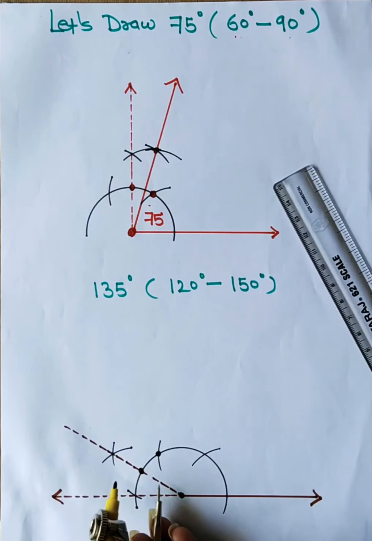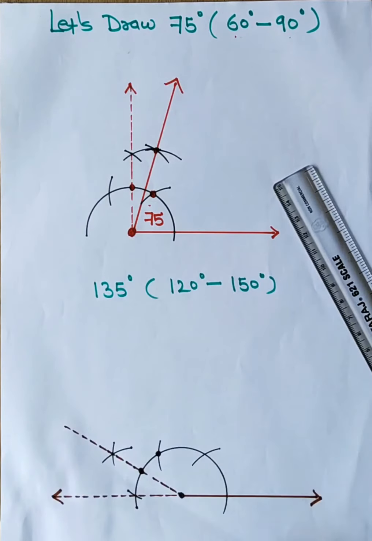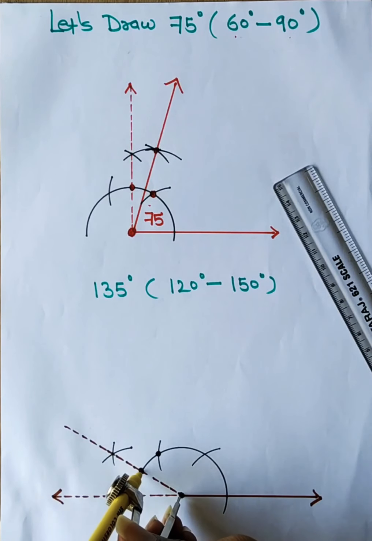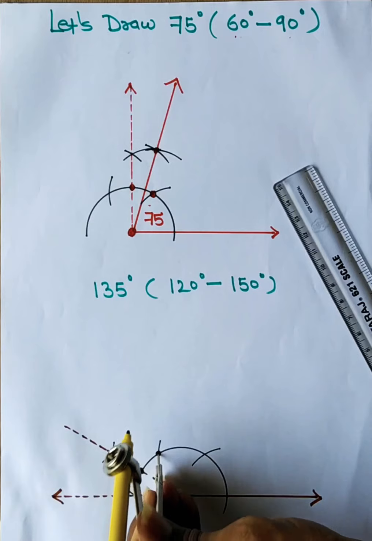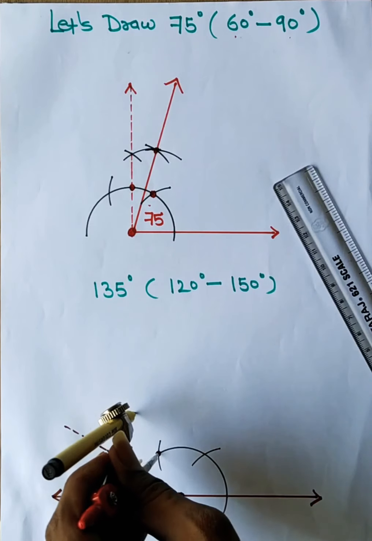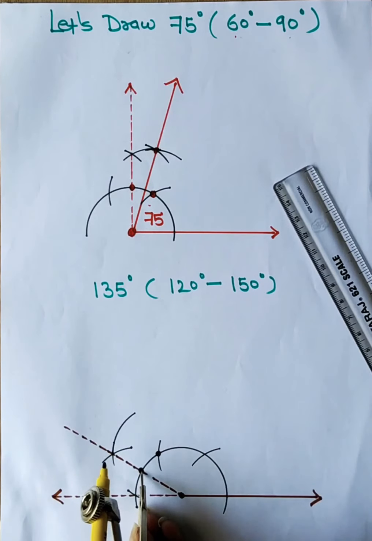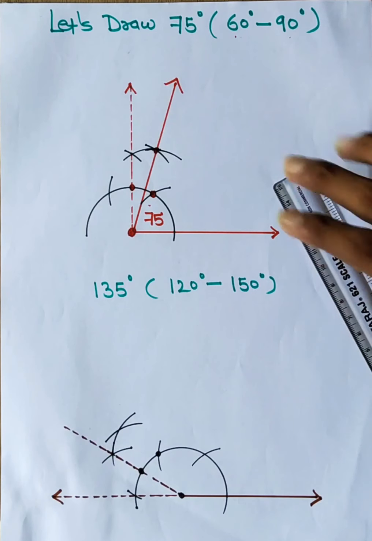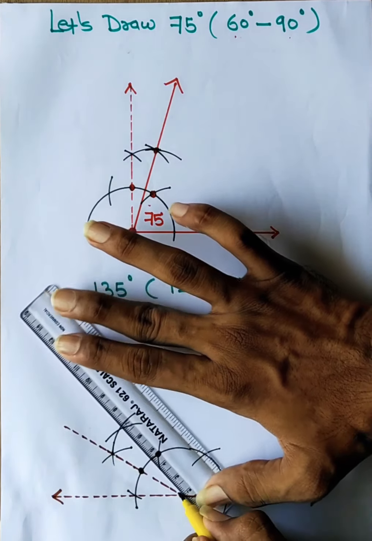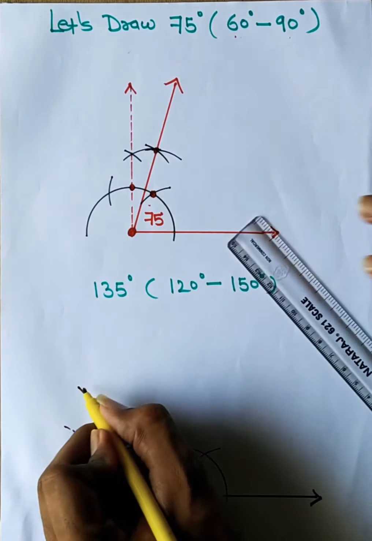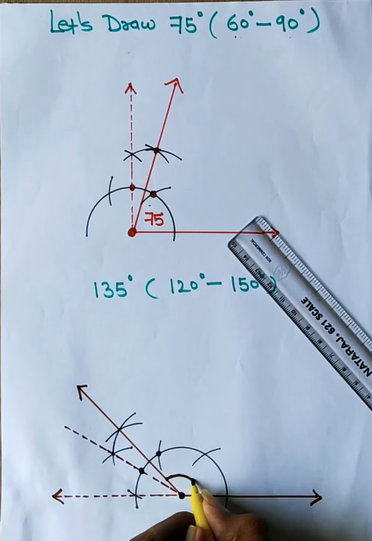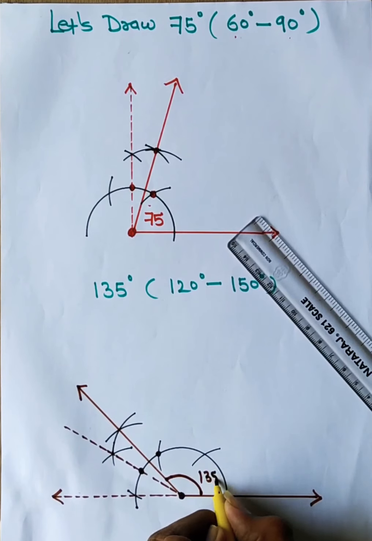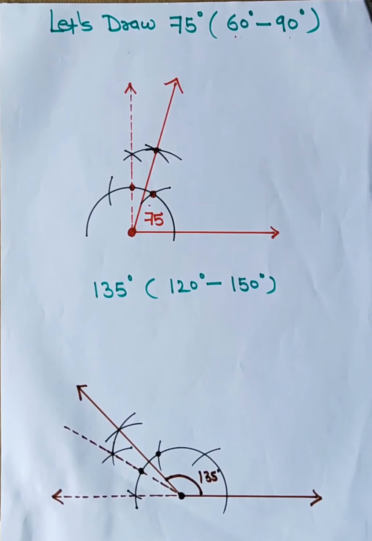Now in between we have to draw 135, so keeping the same radius, taking the center as 120 over here, I am drawing an arc, and from here I am drawing another arc which will intersect the previous one. Now I can draw a continuous line which is nothing but angle 135 degree. Clear? Whenever you draw these things, you need a little bit more practice.